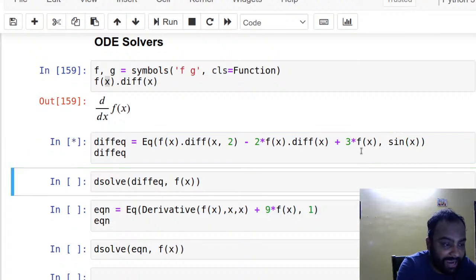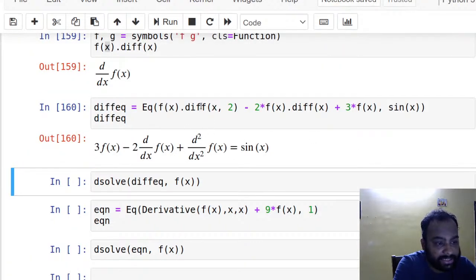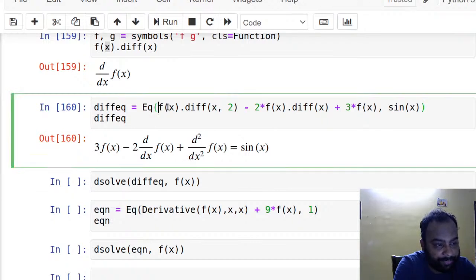So if I write that, this is d2f/dx2 because of this. See, it's the second derivative of f(x) with respect to x, minus 2 df/dx plus 3 f(x), and that's equal to sine x. So that is the differential equation we have represented.